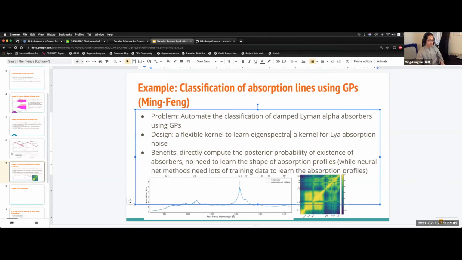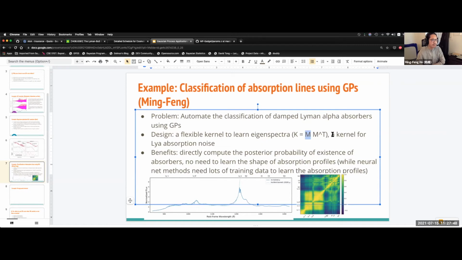So the kernel will be something like k equals M times M transpose, where M is the decomposition of eigenspectra. Then you use maximum likelihood optimization to find the best choice for the M matrix, which is the dimension reduction of the covariance of the quasar emission lines in the observing window.